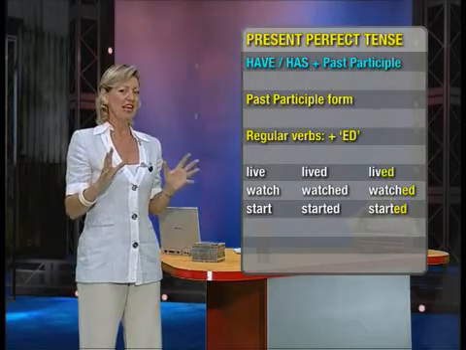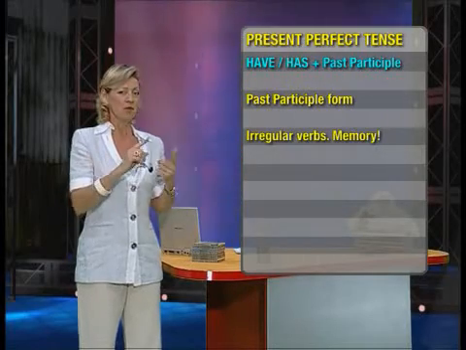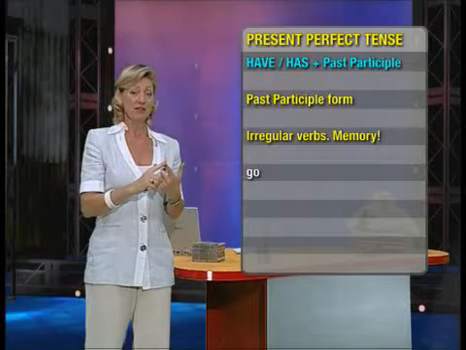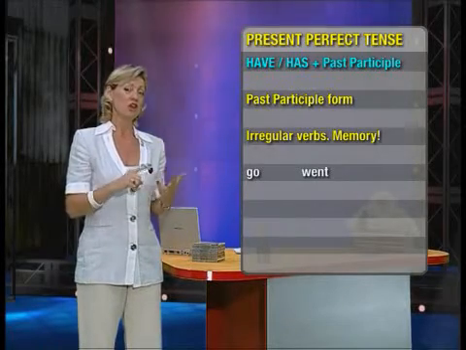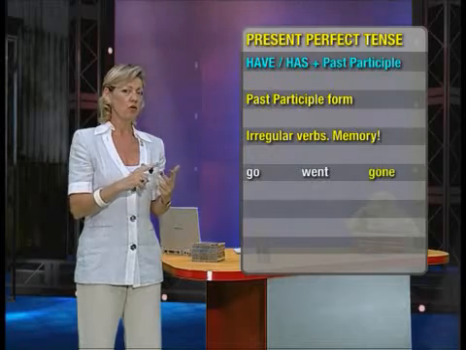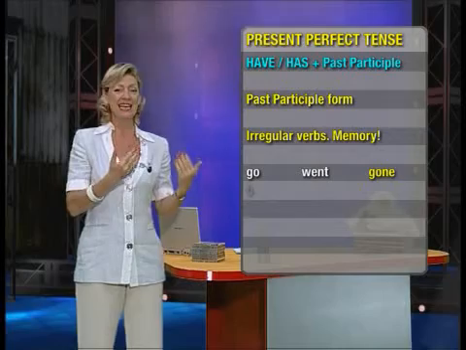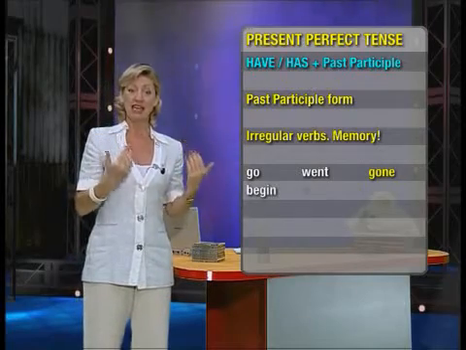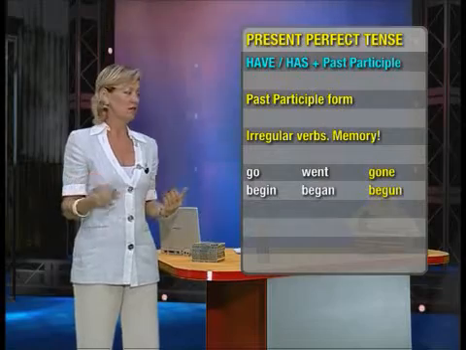Now things change in the irregular verbs. Let's look at an example. Go. The past tense of go is went, and the past participle is gone. Go, went, gone. You see it changes. Another example, begin, past tense began, and then begun, the past participle.